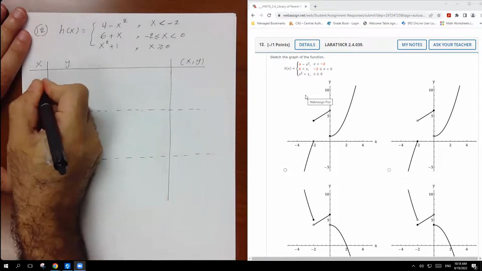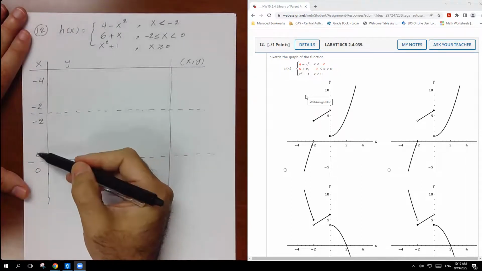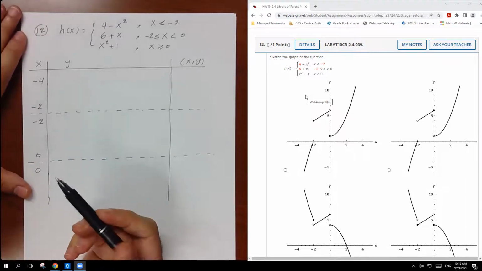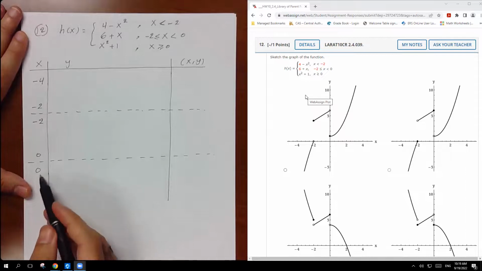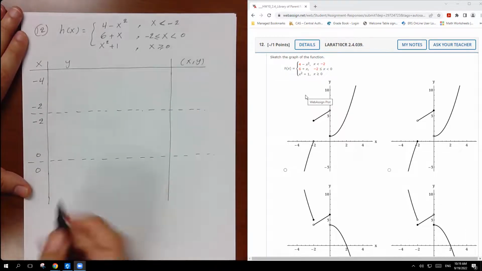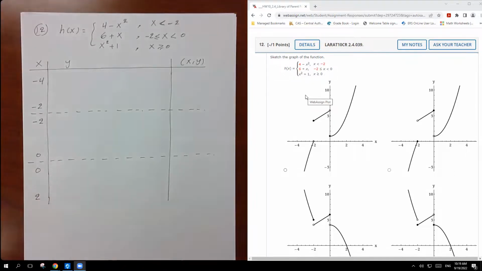Let's choose -4. For the second part, I already have 2 points, so I don't need to choose another point. For the third part, we need to choose a number greater than 0. Let's choose 2. Now we have x's for all parts.